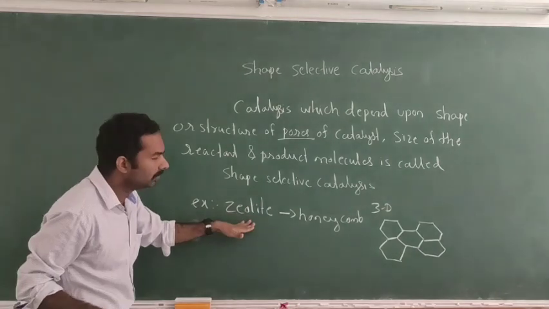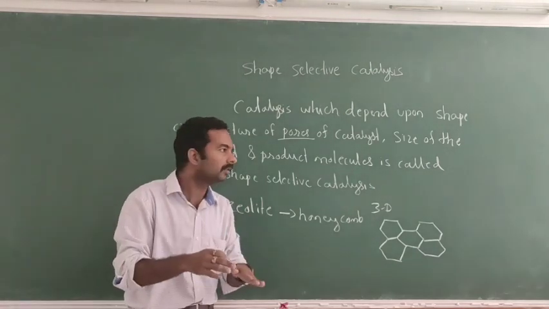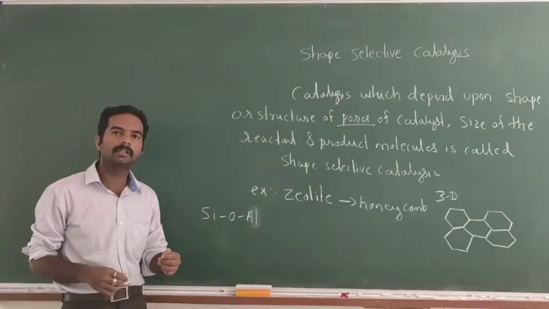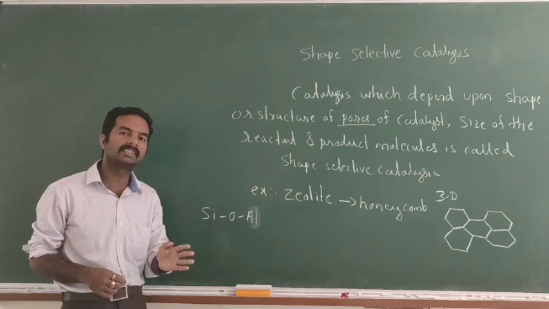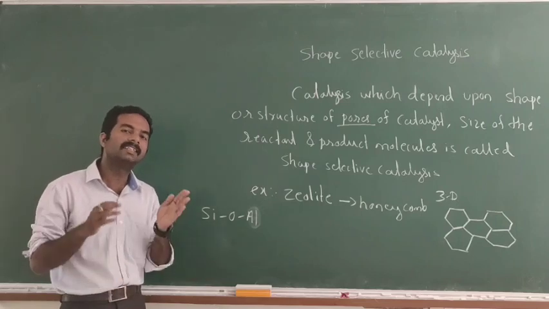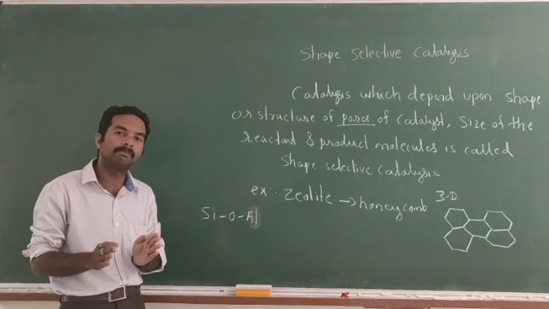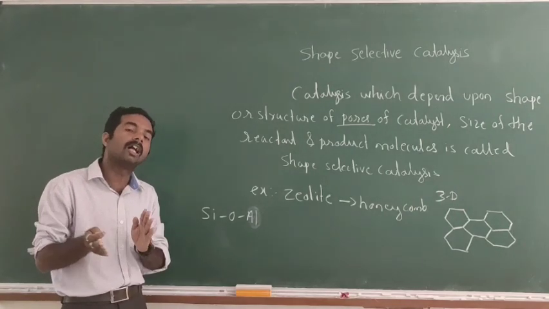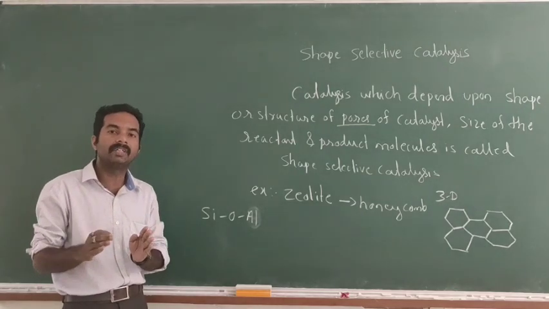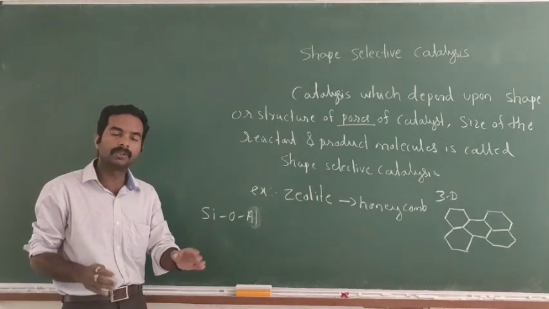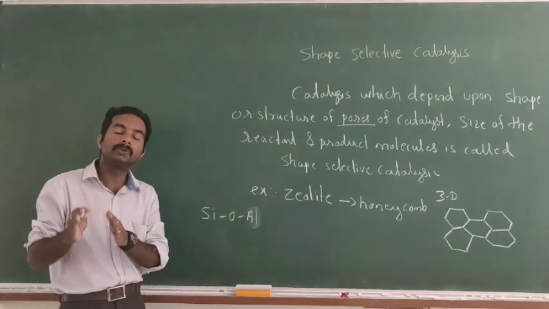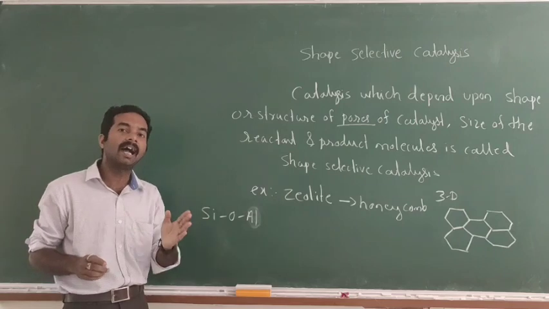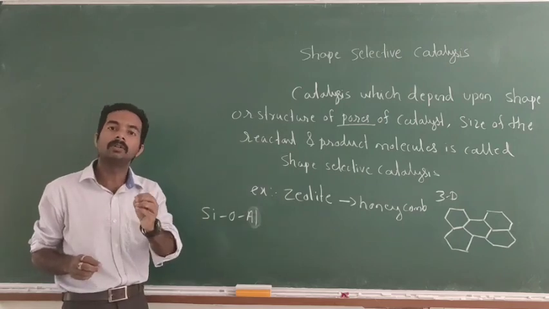So here zeolites are used in shape selective catalysis. The reaction takes place in zeolites. It depends on size and shape of reactant and product molecules, as well as it also depends on pores and cavity of zeolites. So here zeolites are widely used as a catalyst in petrochemical industry for cracking hydrocarbons and isomerization.